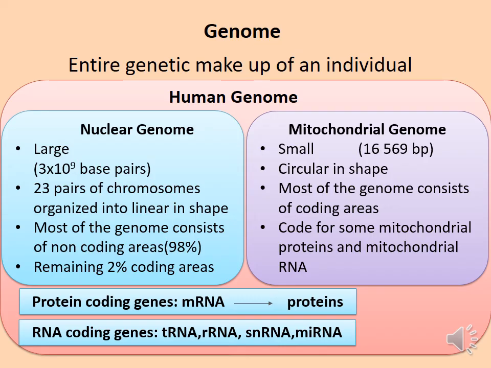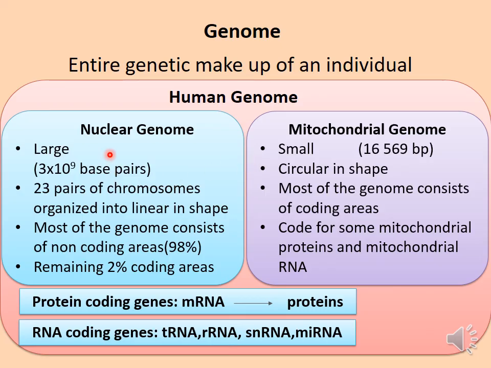When we take all the DNA in our nuclei and mitochondria together, we call it the human genome. DNA in the nuclei belong to the nuclear genome, and the DNA in mitochondria belong to the mitochondrial genome. These two genomes are totally different.